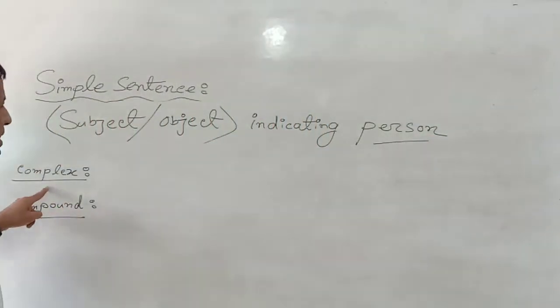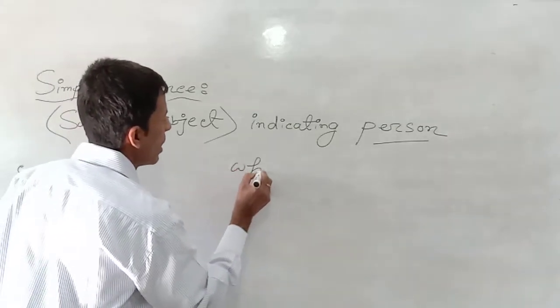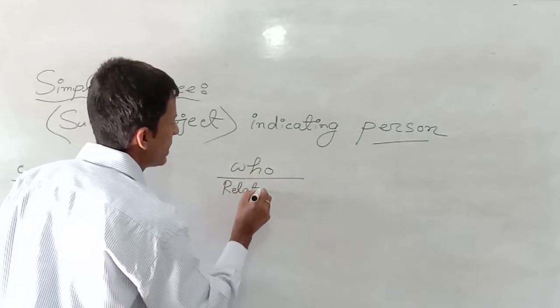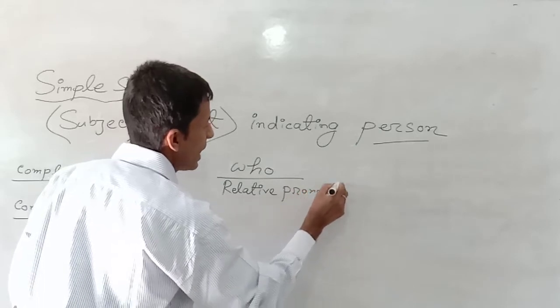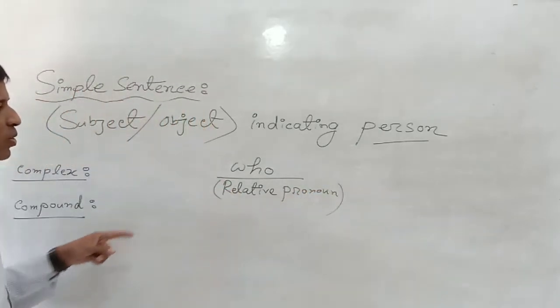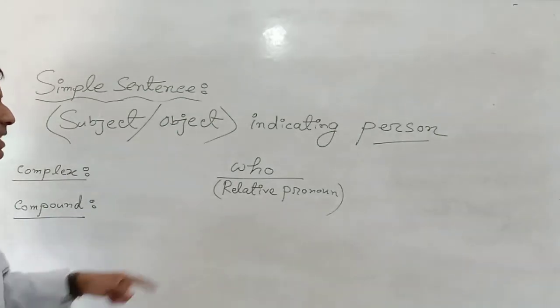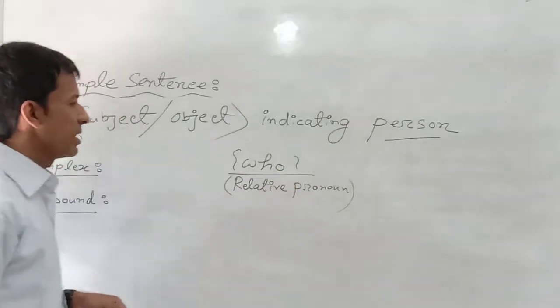Then complex sentence will definitely or obviously, that means certainly, possess who as the relative pronoun. According to the parts of speech, who is called relative pronoun, and according to the rule of clause, it is called the salient feature or main characteristic of dependent clause.